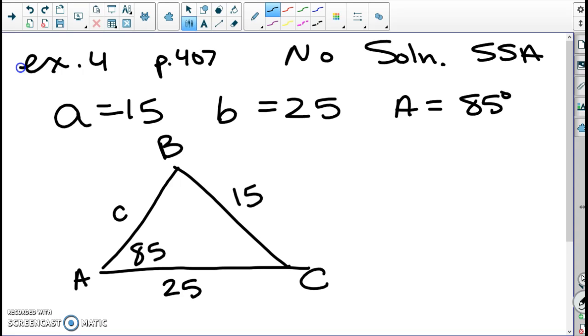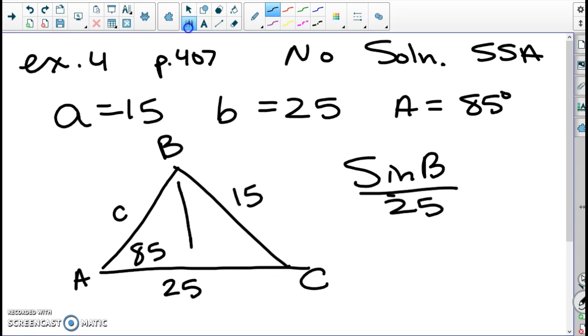So what we're going to do, the sine of B is, let's start over, sorry, pardon me. The sine of B, which we don't know, over 25.